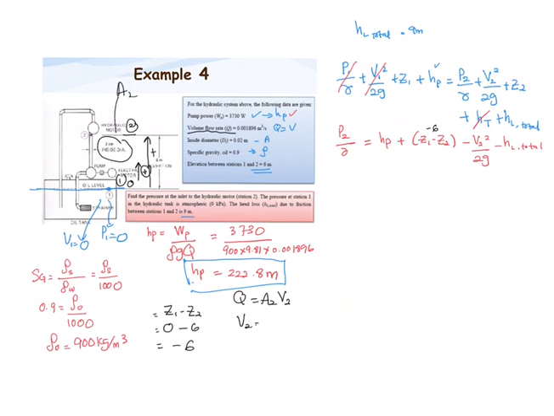Since the given value is diameter, we convert into radius, which becomes 0.01. Q divided by pi r squared, with r is 0.01, and in the end you get V2 as 6.035 meter per second.